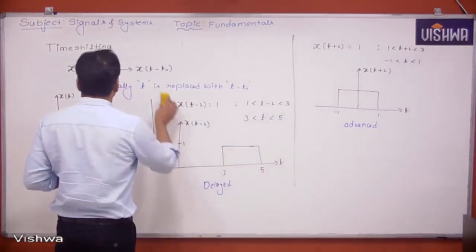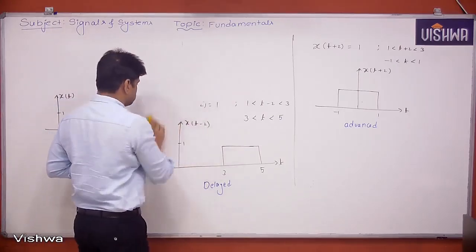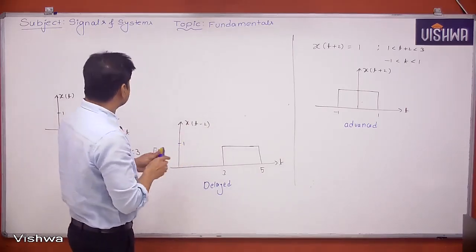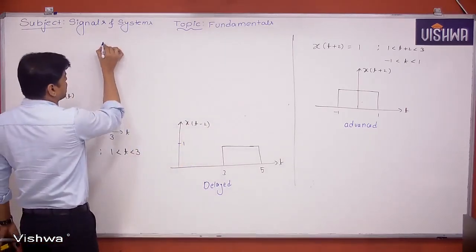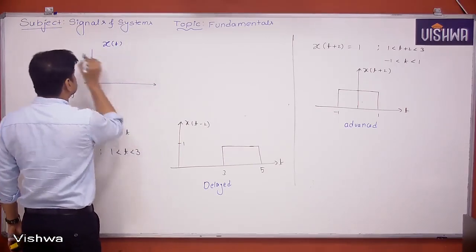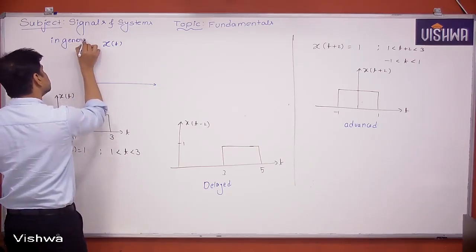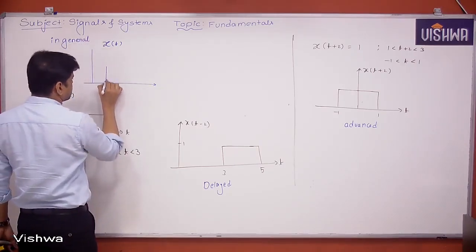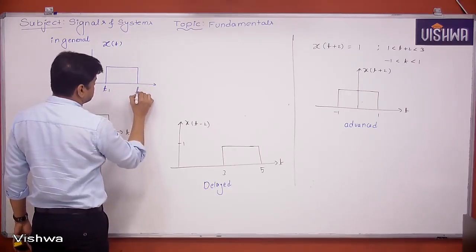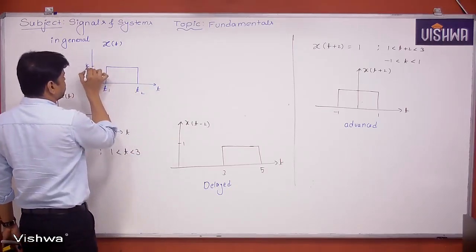In general, suppose you know a signal x of t like this, which lies between two instants t1, t2, and the amplitude may be k.